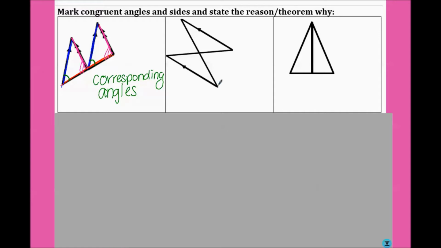In our second set of triangles, we have this parallel line with this line, and they have this transversal that touches both of them. From that, we can determine that this angle and this angle are congruent because they are alternate interior angles. We can also use the fact that these angles are vertical angles to prove that those are congruent.